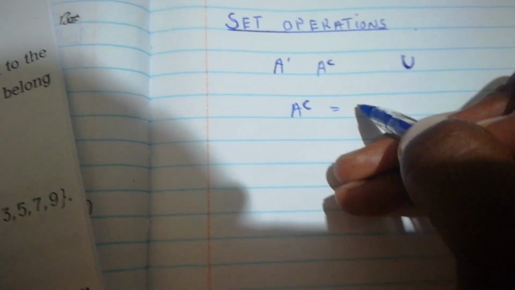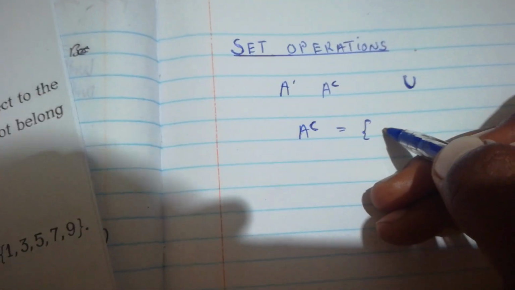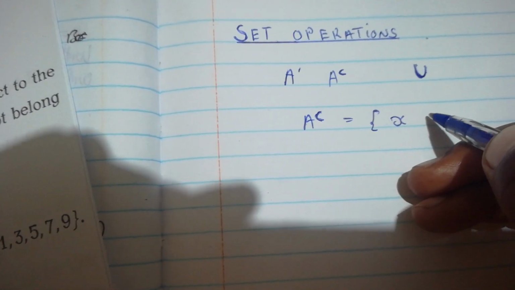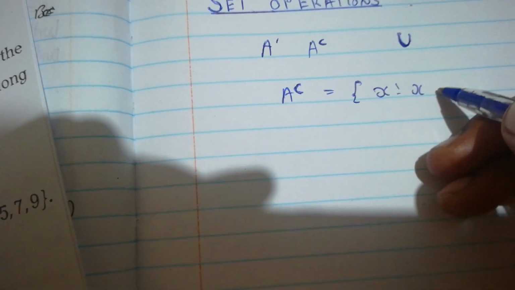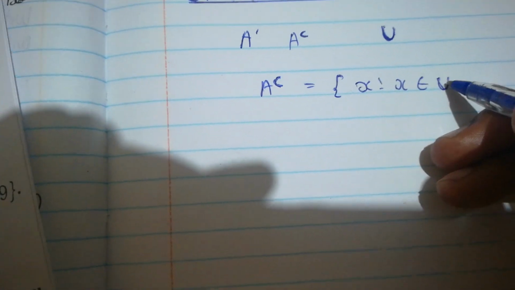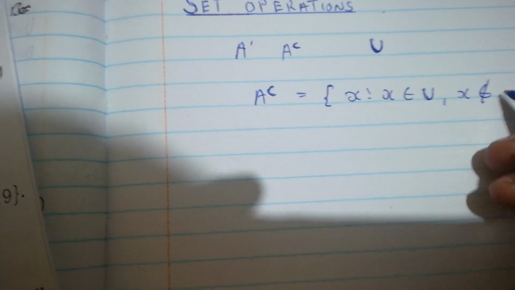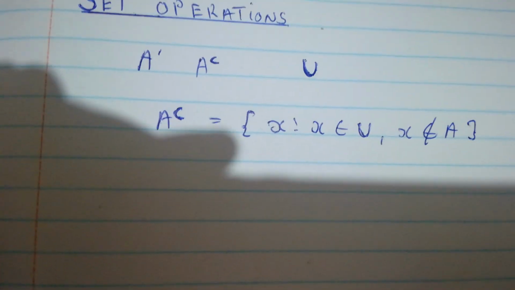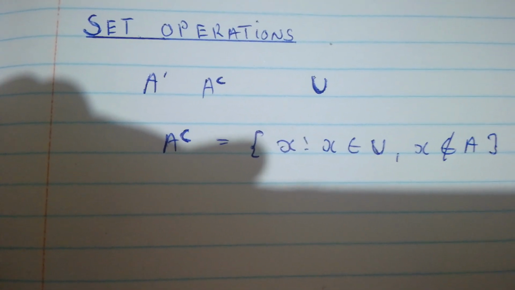Say x is such that x is a member of the universal set, but those elements are not part of A or do not belong to the set A. So whatever elements are in the universal set but are not part of A, then we're talking about the complement of the set A.